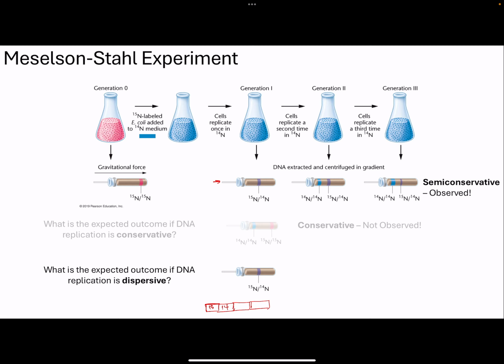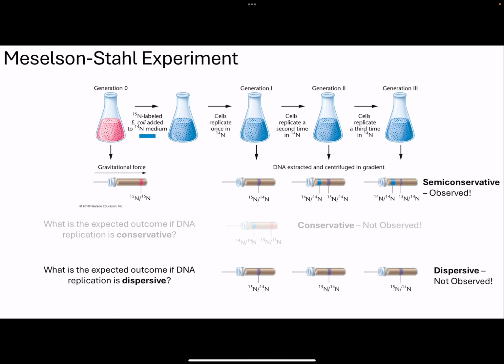However, when you get to generation 2, there's no reason to expect this to not continue to happen, right? So generation 2 should also have a global hybrid version of the DNA molecules. They should all have some DNA that has N15 and N14 in them if the dispersive model is the one that's happening.